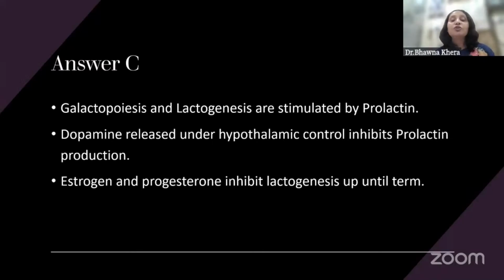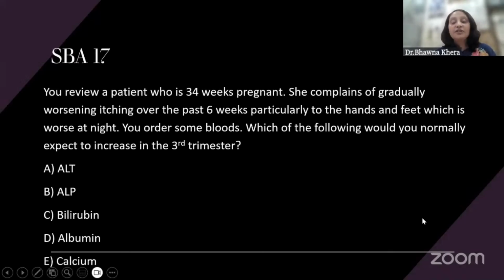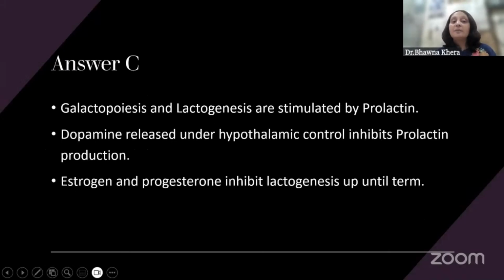Estrogen and progesterone inhibit lactogenesis up until term. So remember what they are asking. If they are asking in pregnancy, then estrogen and progesterone are the main inhibitors. But if they are asking in the postpartum period, then prolactin is the stimulant and dopamine is the main inhibitor.